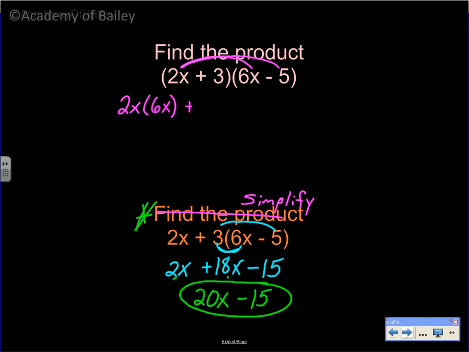Now remember, it's a positive 2x, and it's a -5. So that's why we put plus 2x, because it's positive. So we've taken and multiplied 2x by everything in the second parentheses.